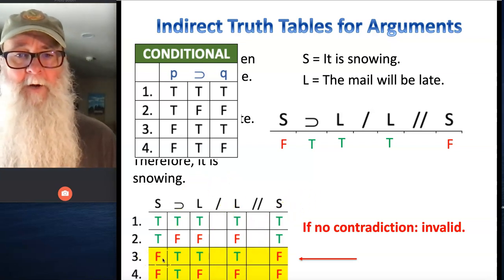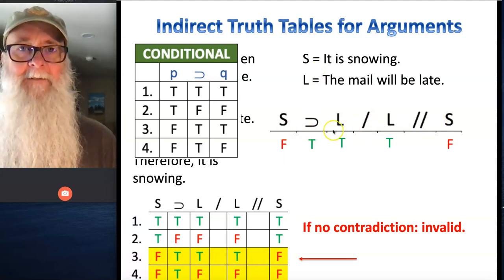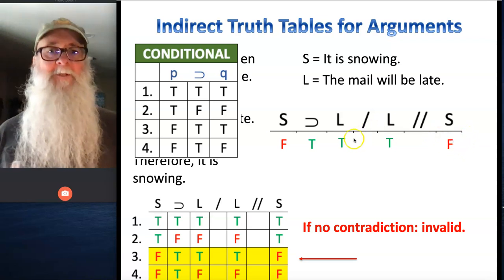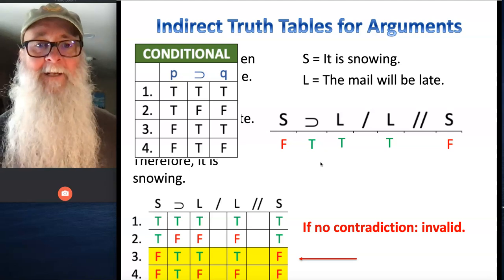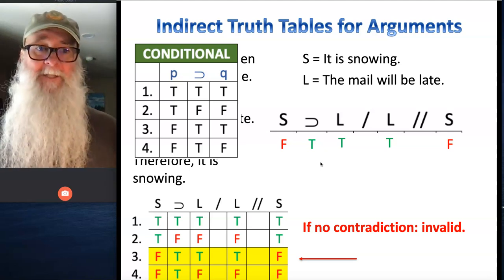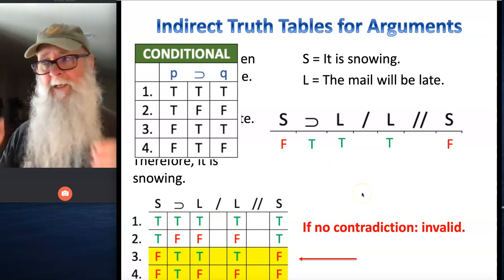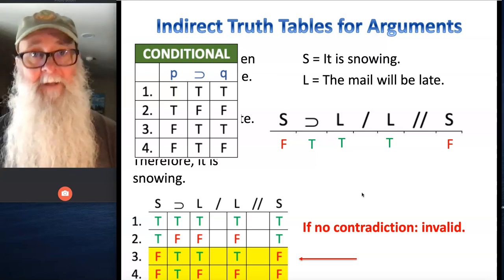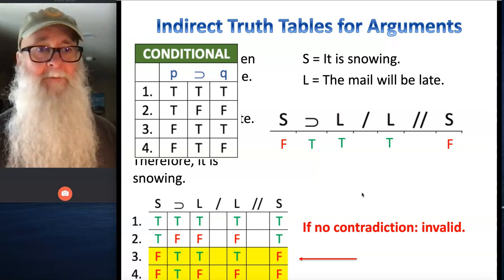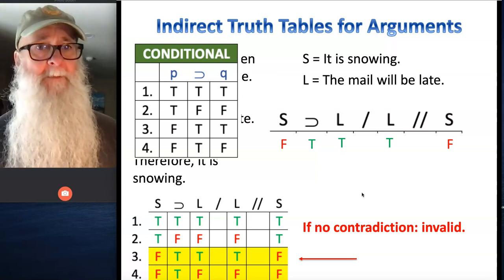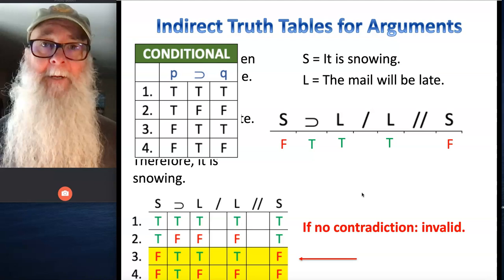And you can see in our ordinary truth table, line 3 looks exactly like this. Okay, so we assumed the conclusion was false, all of our premises were true, we deduced all of the logically necessary truth values we could, never running into a contradiction. And it's when we don't run into a contradiction that we've now created proof that this argument is invalid. We've shown how it's possible for the conclusion to be false even when the premises are true.